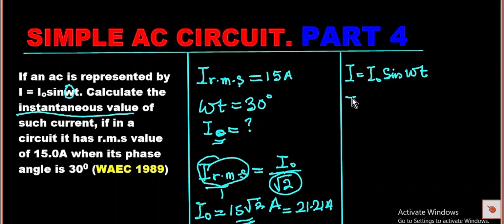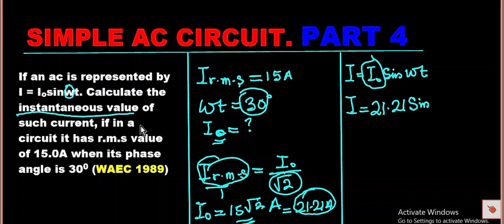So in this case, I am finding my instantaneous current, and it's given as this value. Remember, the peak value we have already found to be 21.21. Then sine, remember, this is everything in front of the sine, so this is going to be sine 30 degrees.